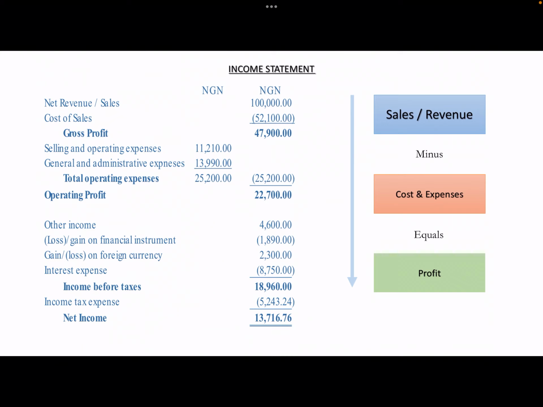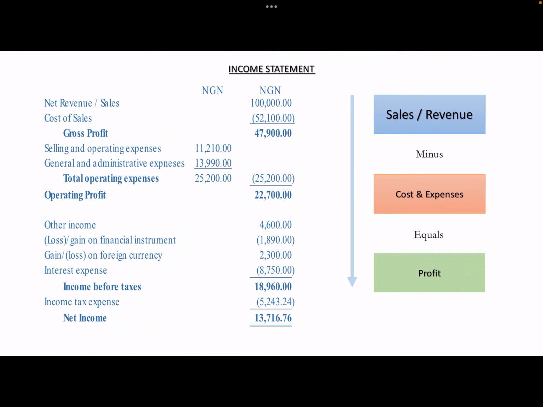Like I said, an income statement is over a period of time. It could be one year, it could be six months. Here you have the sales, the cost of sales, other costs, the expenses, and of course, income before taxes. And then you apply the tax for the year, and you have net income.